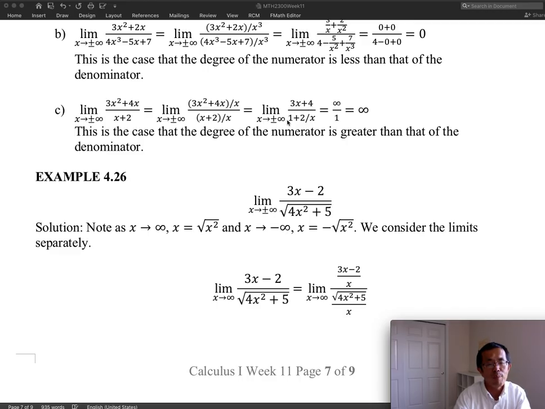The division for the denominator turns out to be 1 plus 2 over x. As x approaches infinity, 2 over x approaches 0. So this part should be true because as x approaches infinity, the numerator approaches infinity. So it is infinity over 1.